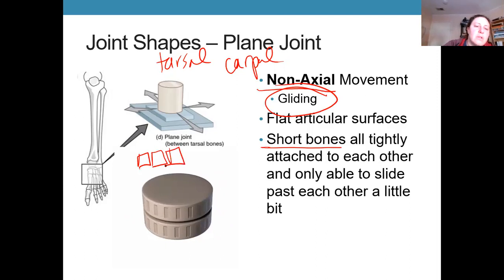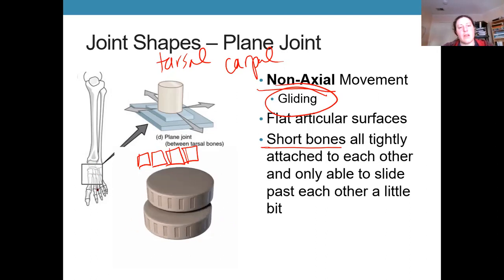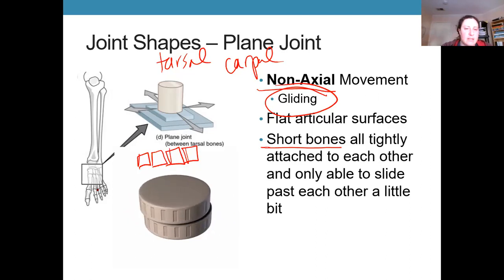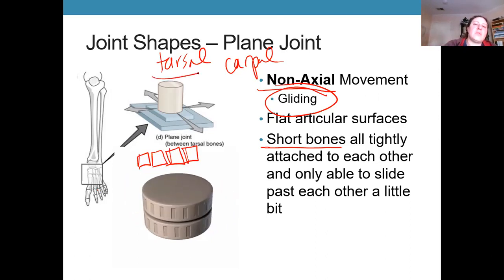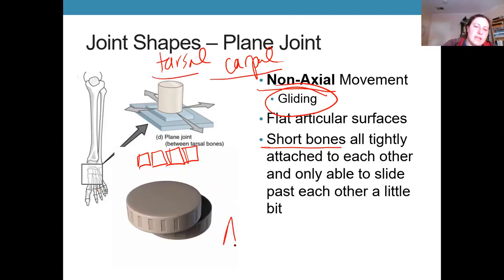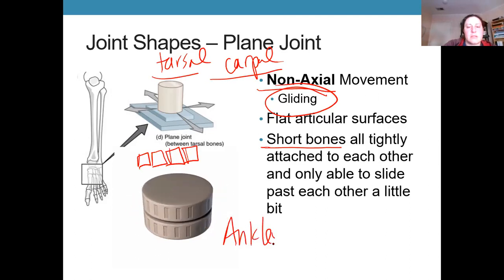And so when there's movement across those joints and the joints next to them that have more range of motion, all they can do is just kind of shift in relation to each other. And that's why they're more there for stabilizing the joints rather than enhancing joint movement. So the plane joints are really only found at the ankles and the wrists.